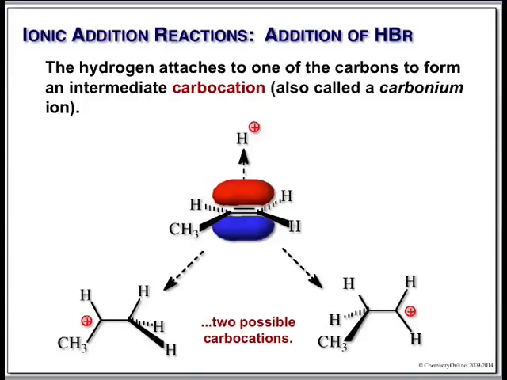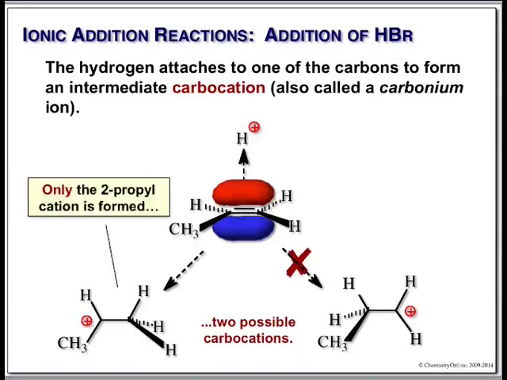Now, the fact is that this reaction doesn't occur just randomly. In fact, this pathway does not occur. When we form the protonated pi cloud, it always rearranges this way to give this carbocation. So that goes to the methyl. Is that because of the methyl group? Well, yes, it is actually. It is because of the difference in the carbons. This is a secondary carbon, and this is a primary.